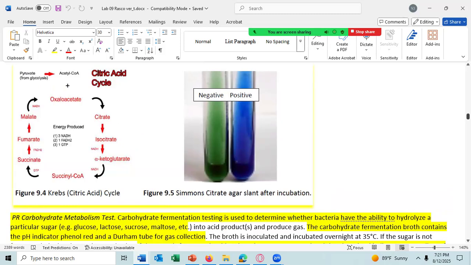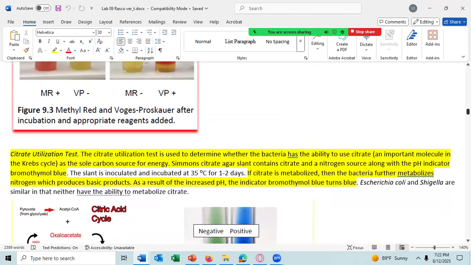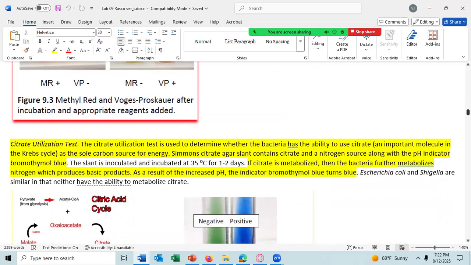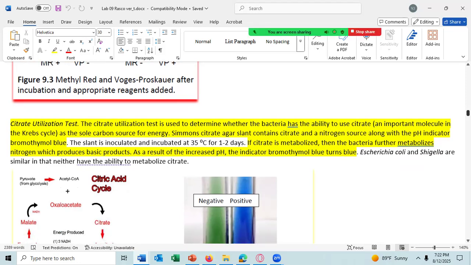Oops, let's see where we are. All right, so let's move on to the last of the IMViC tests, citrate utilization. This test is used to determine whether bacteria have the ability of using citrate as its only carbon and energy source. Simmons citrate is put into the tube. It's grown on a slant.